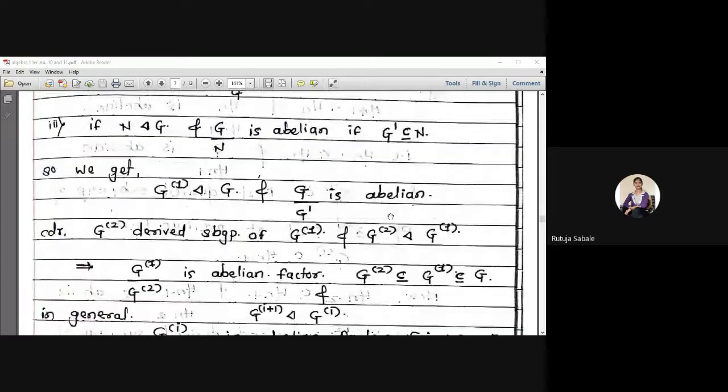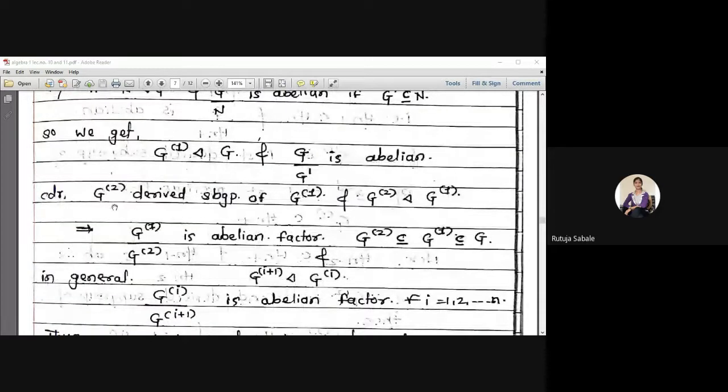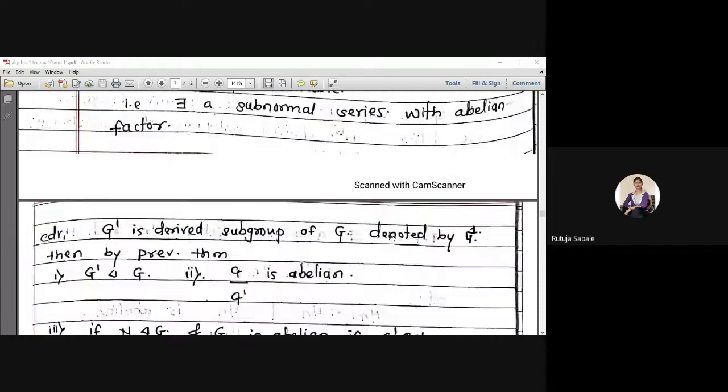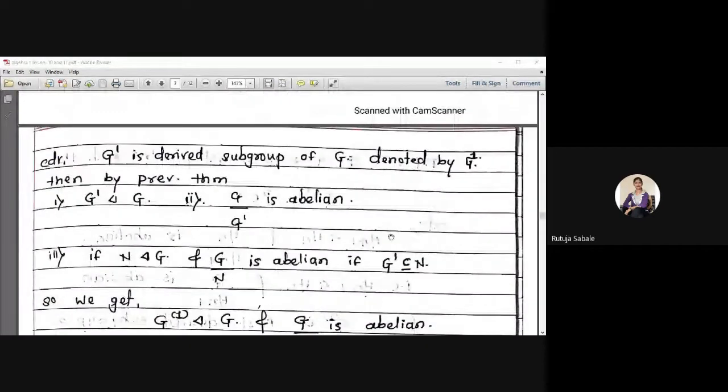Here G2 is the derived subgroup of G1, and G2 is a normal subgroup of G1. Take G equal to G dash and N equal to G2. Then we get G2 is a normal subgroup of G1.